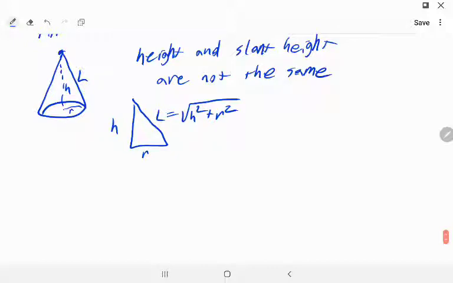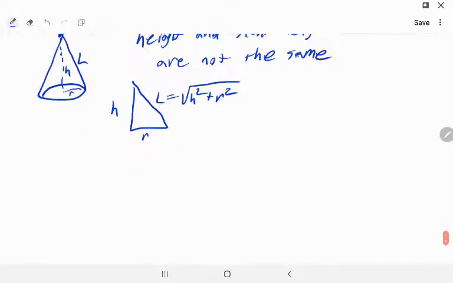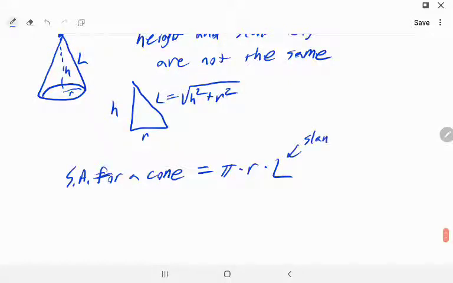So for instance, first we need to know some formulas. We know that the surface area for a cone is equal to pi times the radius times the slant height. We're not going to go into this in a lot of detail; it takes some tricky geometry to show why that works.